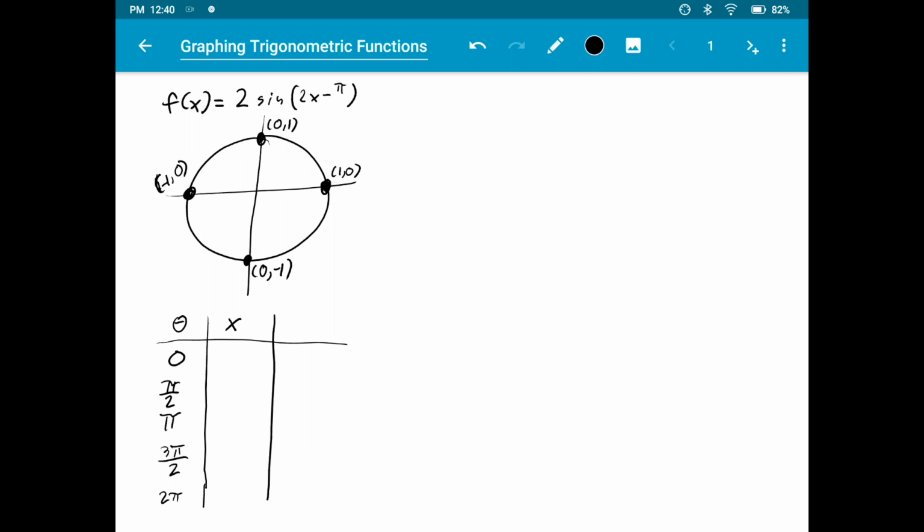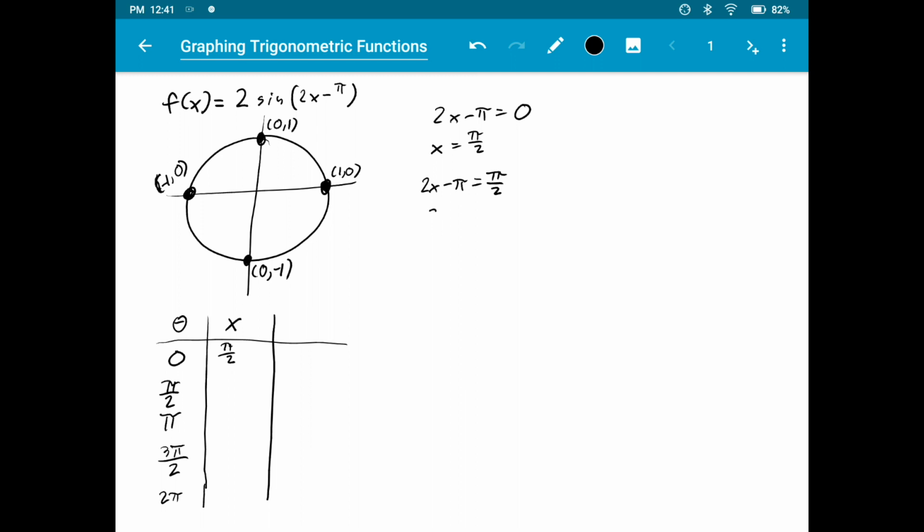To get angle 0, 2x minus pi has to equal 0, so x has to equal pi over 2. The next x that gives me the pi over 2 angle says that 2x minus pi is equal to pi over 2.